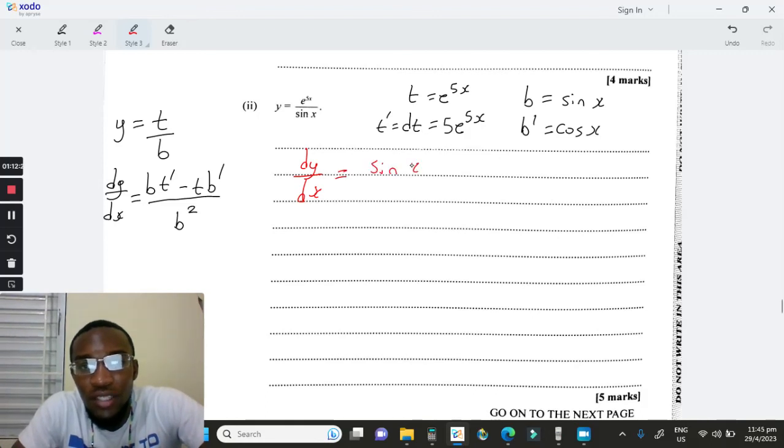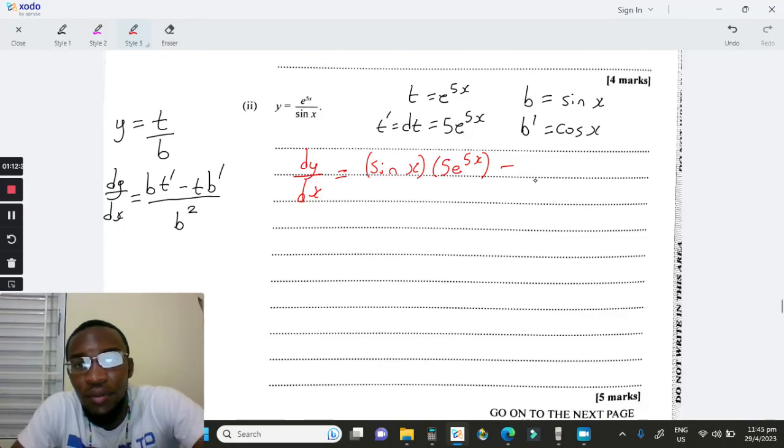Always start with the bottom. You start with the bottom times the derivative of the top. Then the formula says we minus the top times the derivative of the bottom. And then this is all over the bottom square. All over sine x all square.